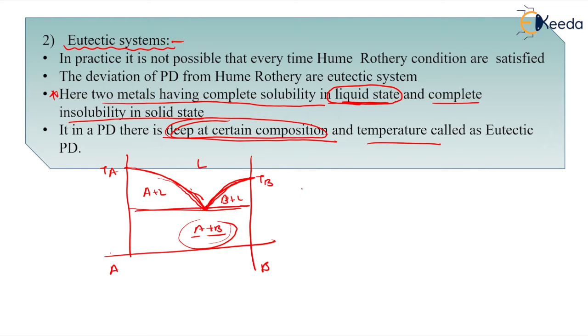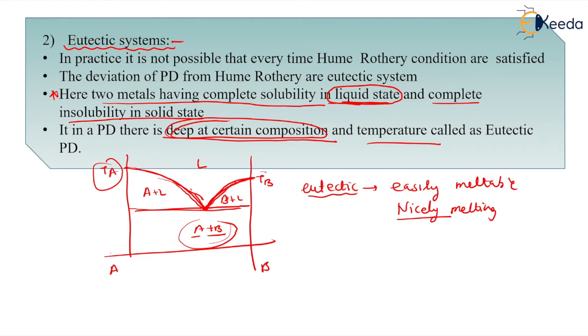So what is meant by eutectic? Eutectic is a Greek word. It means easily meltable or nicely melting. Even though you can see the melting point of A at this point and the melting point of B at that point, both are liquid at this temperature, isn't it?